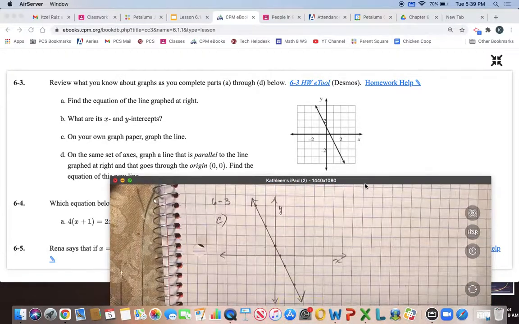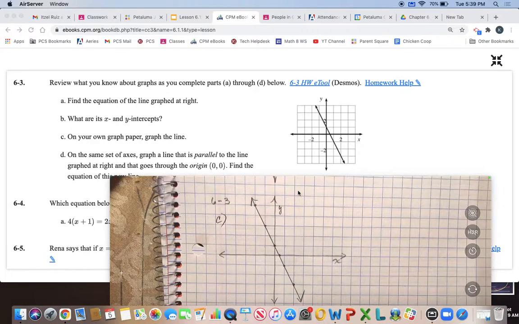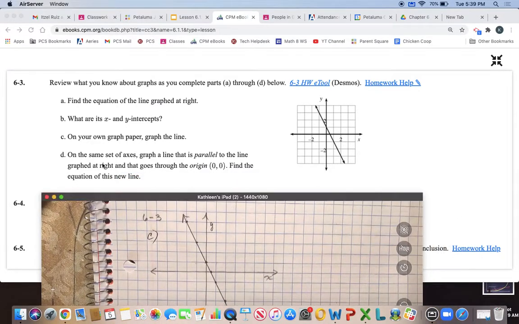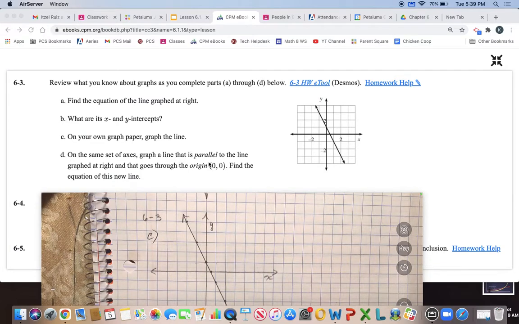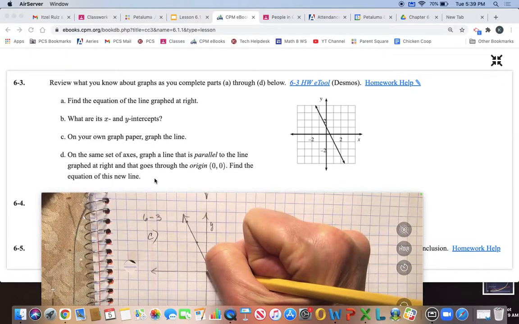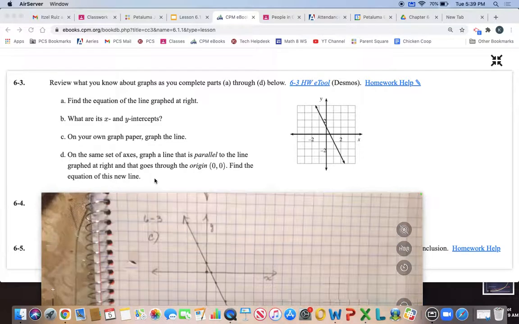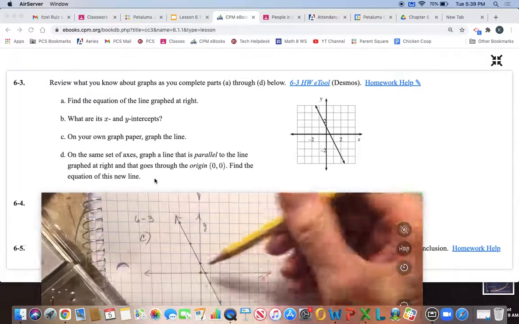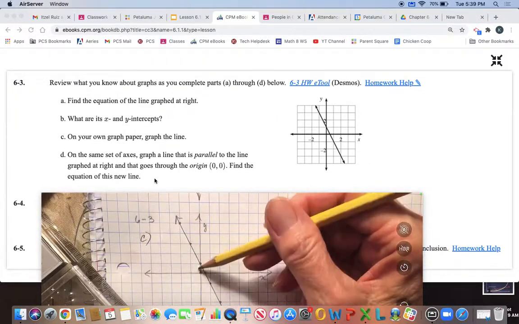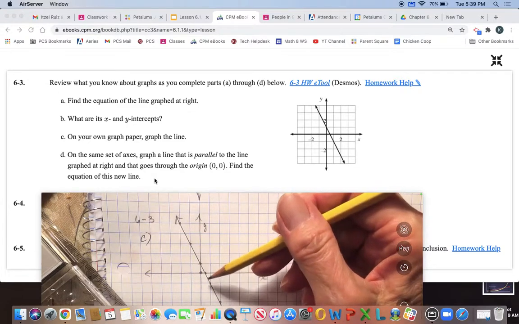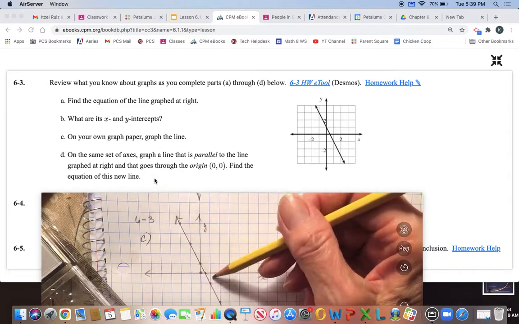And the next thing that they would like us to do is on the same set of axes, graph a line that is parallel to the line graphed at right and goes through the origin 0, 0. Find the equation of this new line. Okay, so we know that it goes through this point, 0, 0. And we know that it's going to be parallel to this line. So if it's parallel, that means it has to have the same slope as this line does.